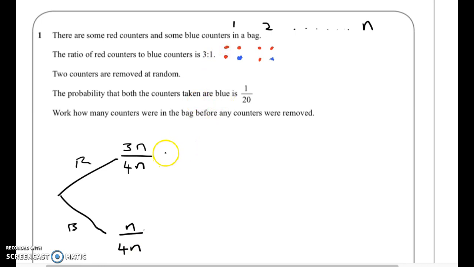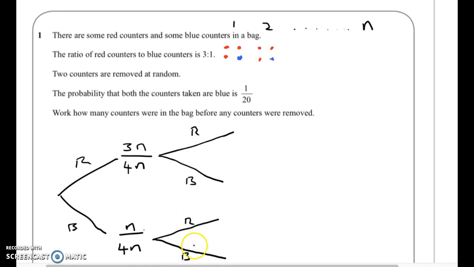And then here, the second time, we pick again. So we'll call this red. Probability of picking blue, red, and blue. If we've already picked a red, the probability of picking a red again, how many reds are left?